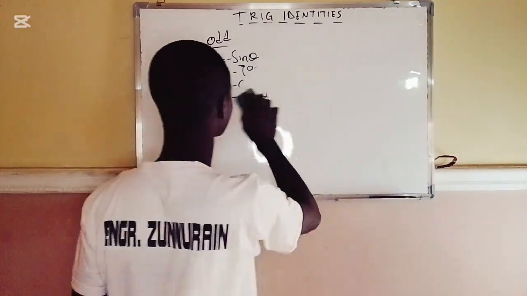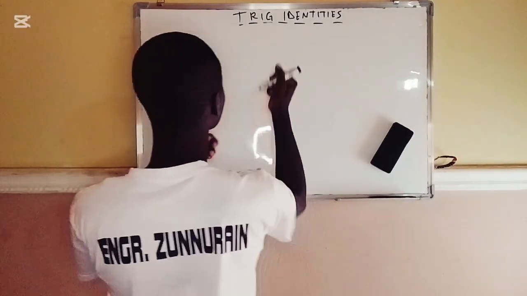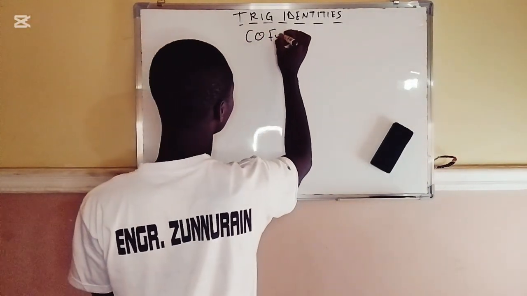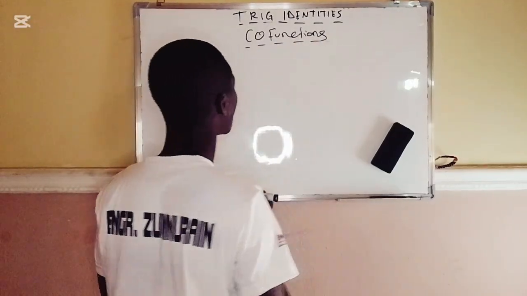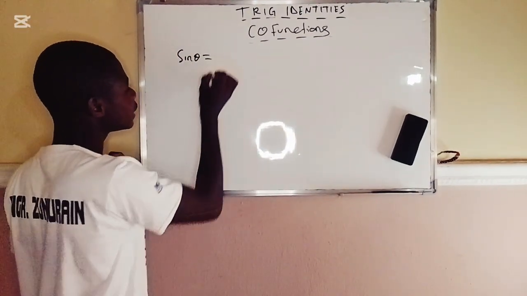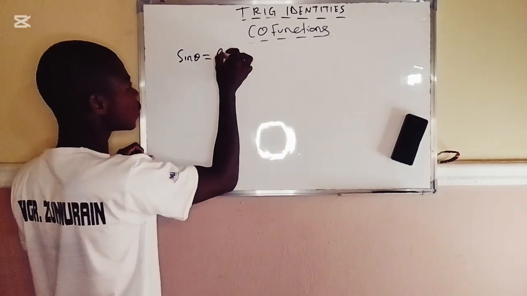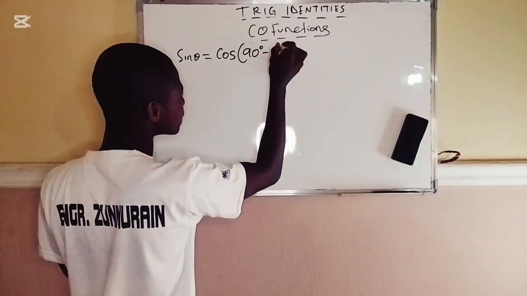So let me see the co-functions of some trig identities. In the co-functions, sine theta equals cos of 90 degrees minus theta.